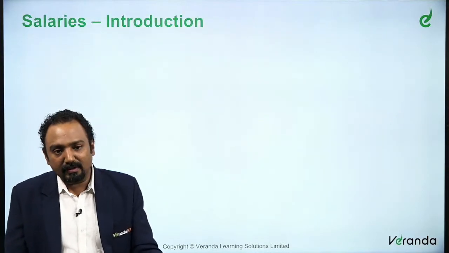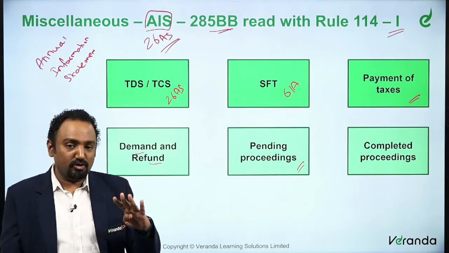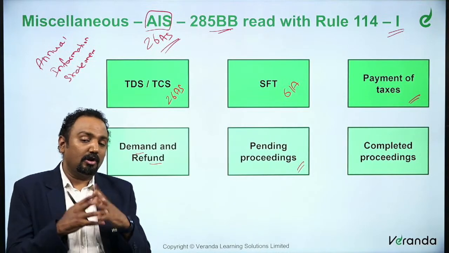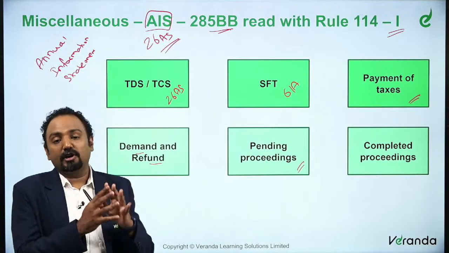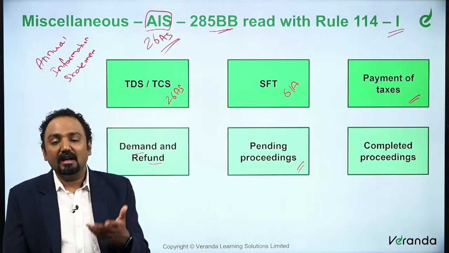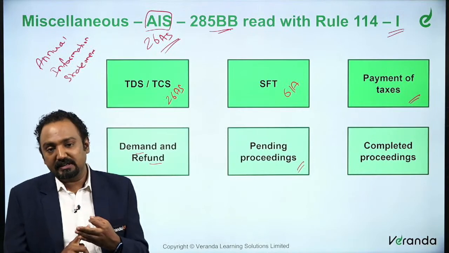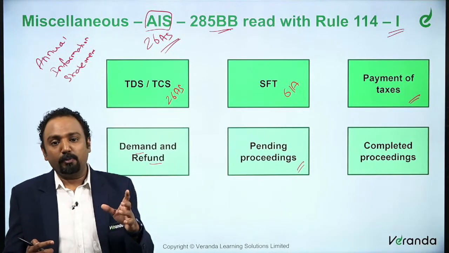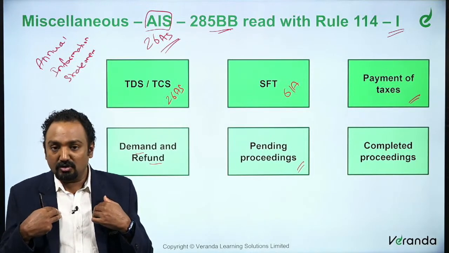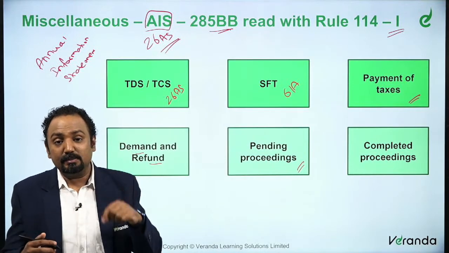As far as these miscellaneous provisions are concerned, we initially discussed 4 sections, which are part of profits and gains of business or profession. You also have Section 44AB, the tax audit, where you will have to disclose transactions relating to 269SS, ST and 269T. 269U, we said, has a portal where you will have to disclose that you are a company earning more than 50 crores of sales, turnover or gross receipts in the immediately preceding previous year.